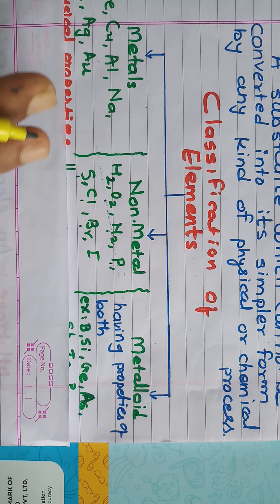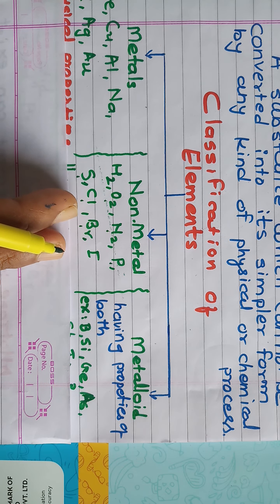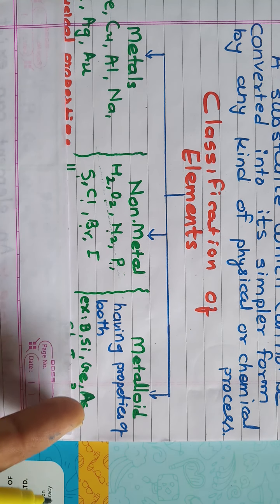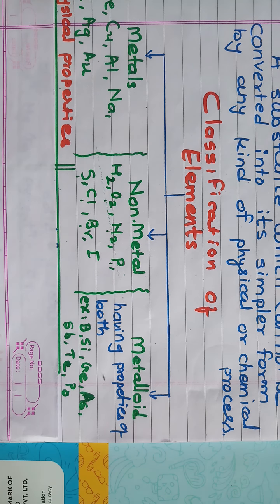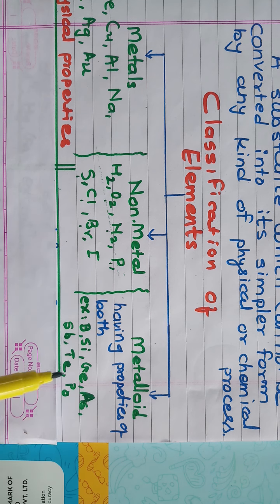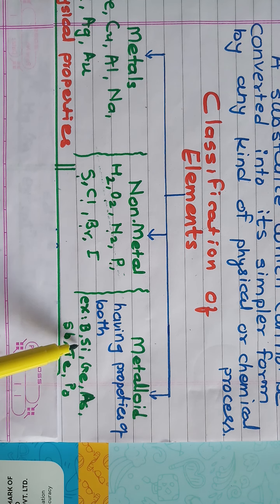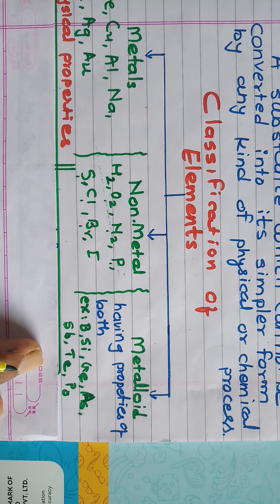Metal and non-metal are different things, but a metalloid has properties of both. Examples of metalloids are boron, silicon, germanium, arsenic, antimony, tellurium, and polonium.